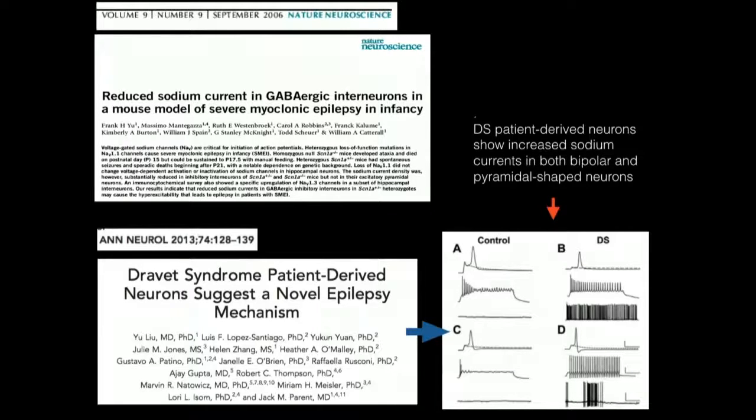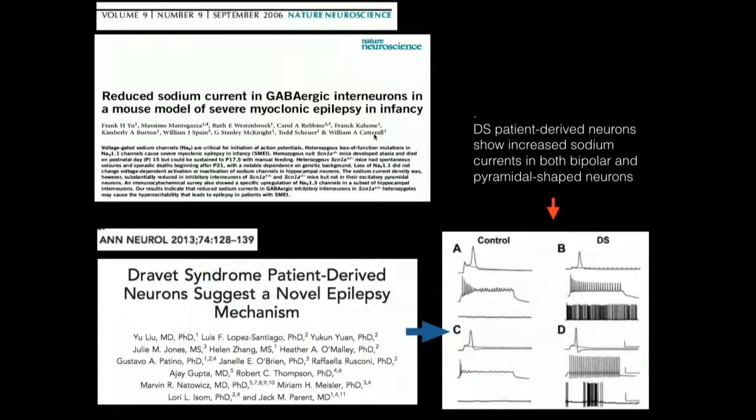Why do we have loss of function mutations which cause hyperexcitability in the brain? This is the main paper which has reconciled these apparently contradictory observations. This is from Catterall's team, in 2006. What is important is that they found in the animal model that SCN1A is mainly expressed in the GABAergic interneurons.